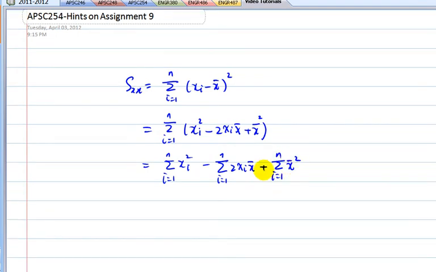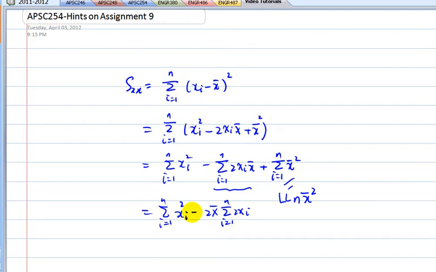This quantity then depends on i, and here, it is basically n times this one. So this is simply equal to n x bar squared. And then this one in here, you can take the 2 x bar out of this summation here. Okay, and this is nothing changed, just the same as it is, right?